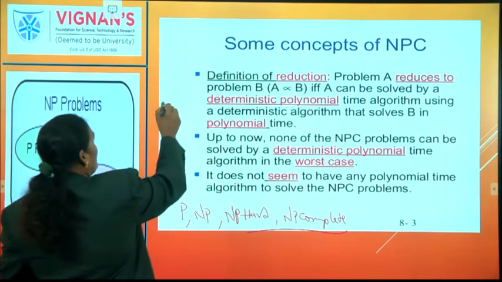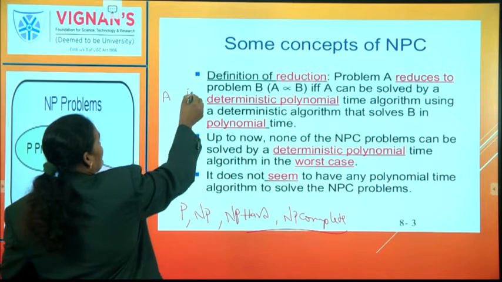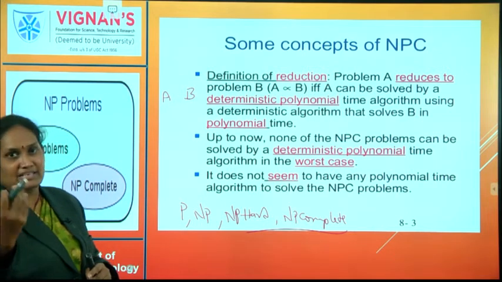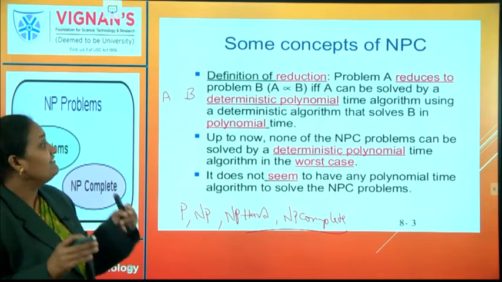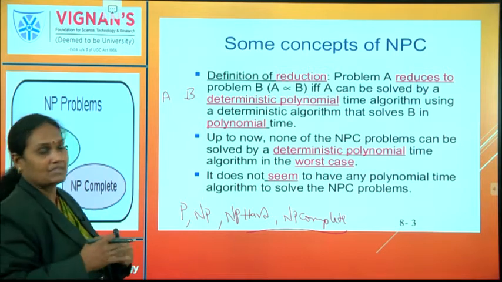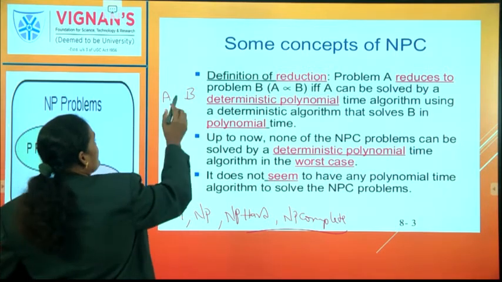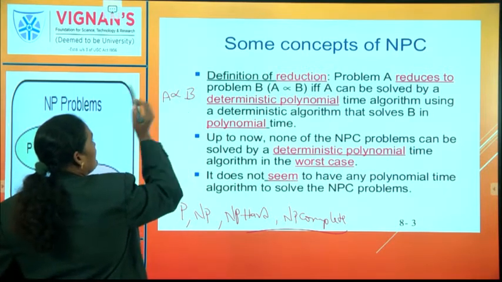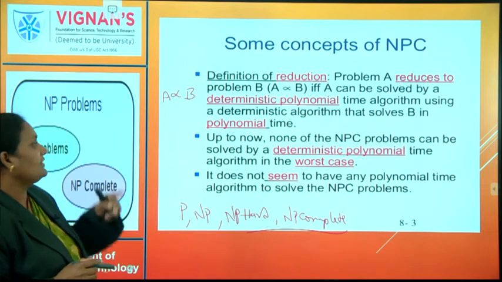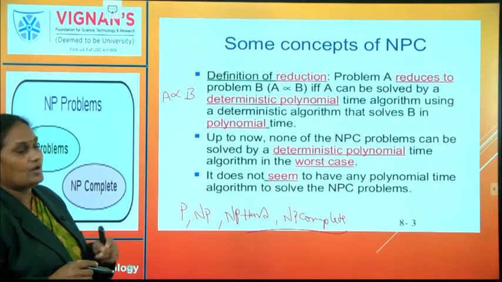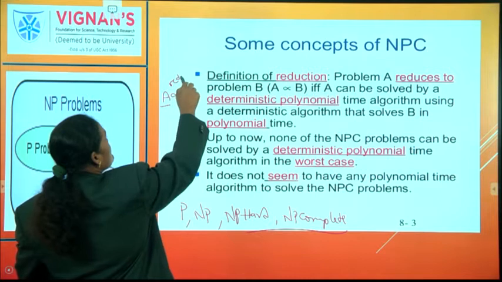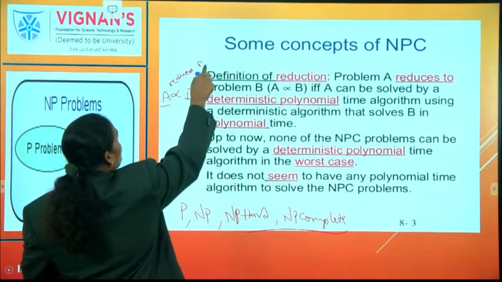I have a problem A and I have another problem B. When I can say problem A reduces to problem B, I can represent the reduction with the symbol alpha.